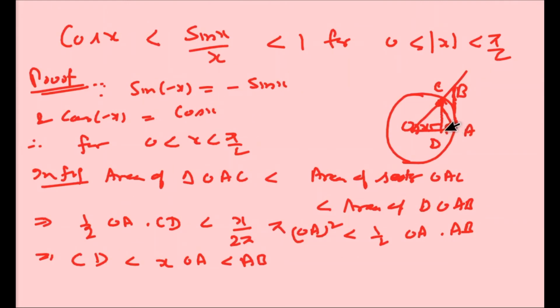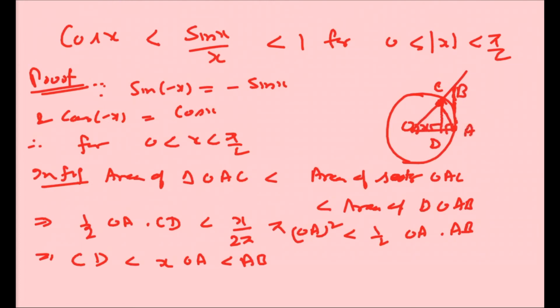Okay, so we can write here, we can change the value of AB using tan x, tan x equal to perpendicular upon radius.